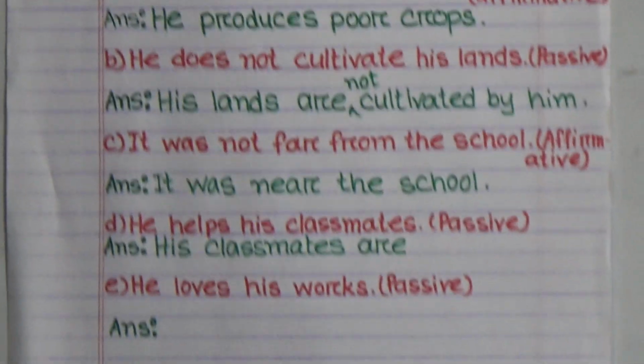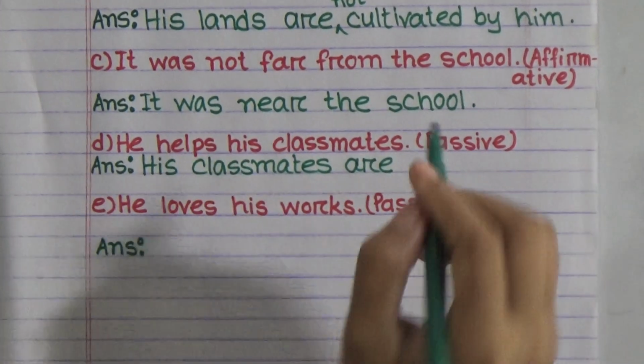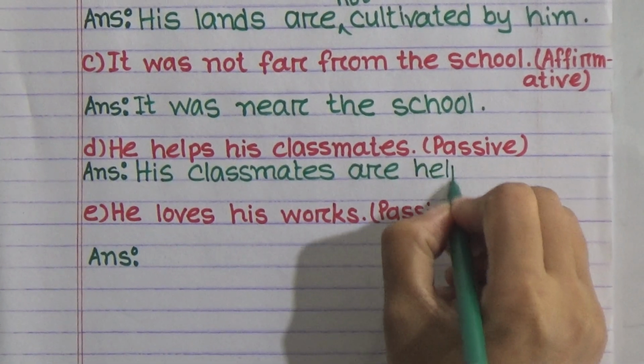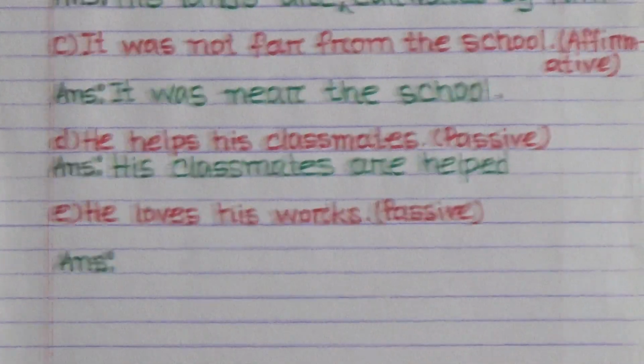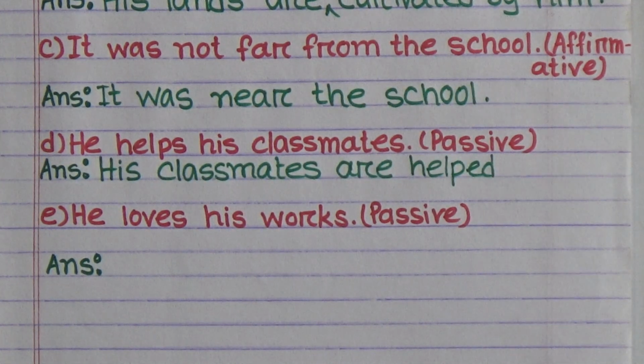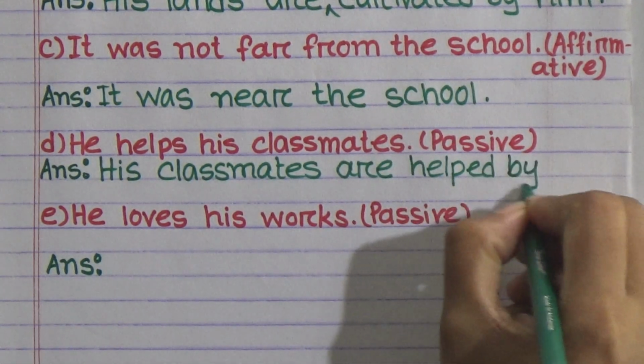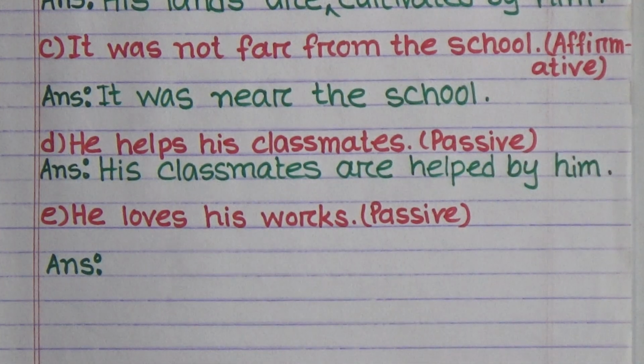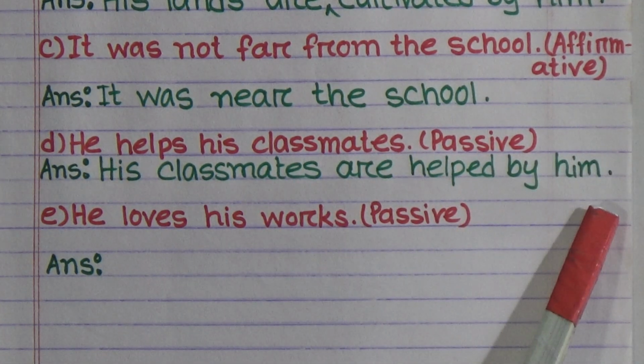His classmates is in plural form. His classmates are, then we have to write the past participle form of the given verb. Helped. His classmates are helped, and we have to write by him. Then full stop. His classmates are helped by him.